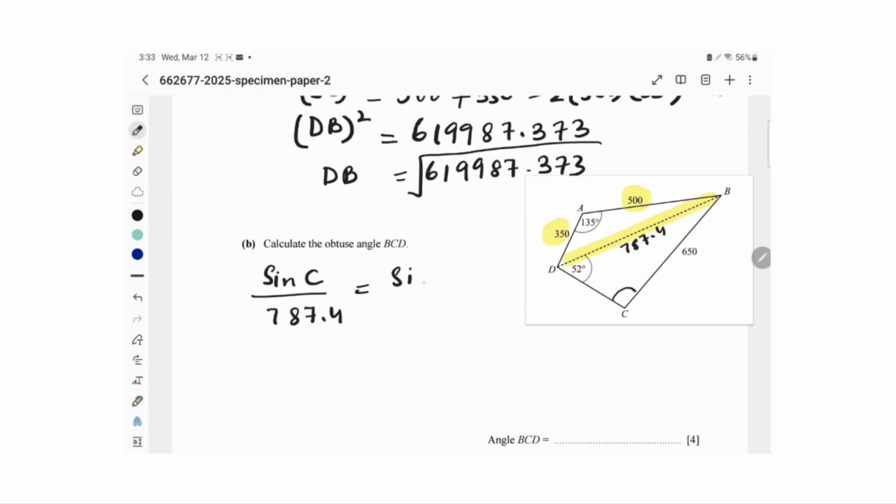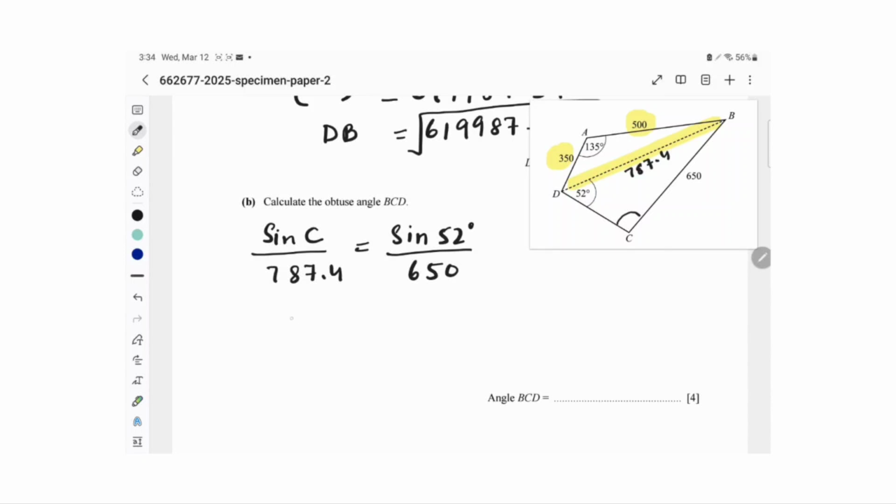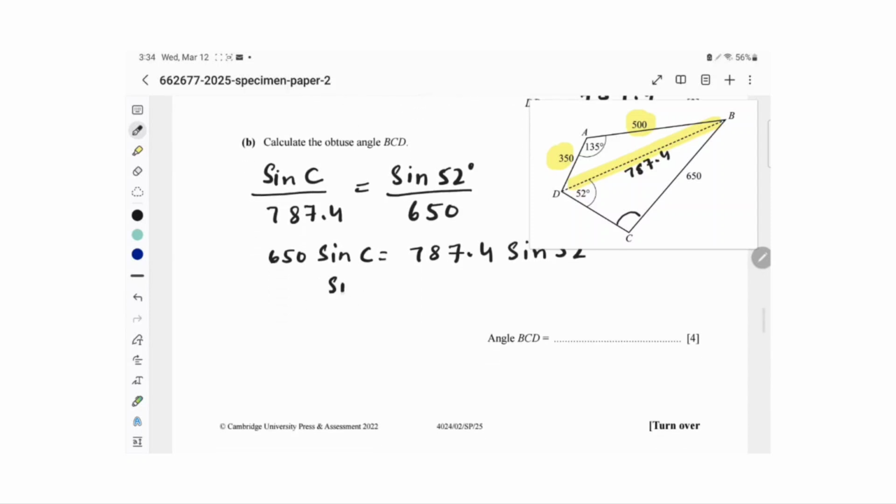The angle 52 degrees is opposite to the side of length 650. Do cross multiplication: 650 sine C is equal to 787.4 sine 52 degrees.